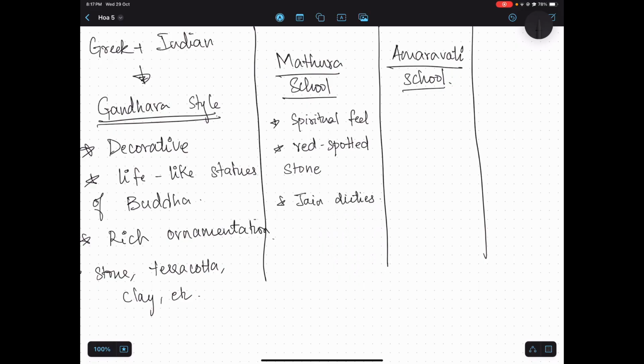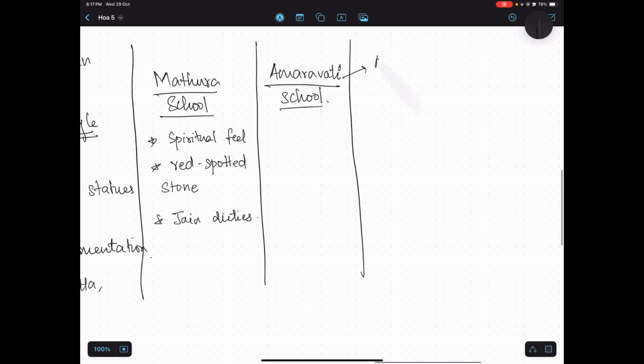Now Amaravati was mostly in the regions of Andhra, and this was also decorative. You could see bas relief on the walls of the stupa. Now what does bas relief mean?